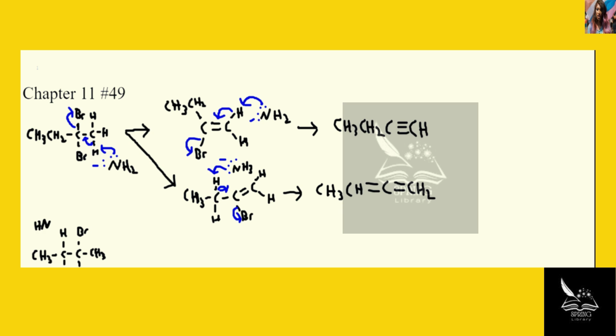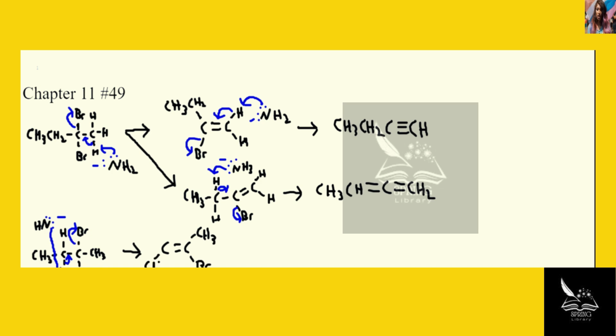And so, again, sodium amide is the base here. So the mechanism could start like this. So if this hydrogen is taken, double bond there, that bromine leaves. That gets us to this intermediate, which looks like this. So rather than a terminal alkene here, we've formed an internal alkene.